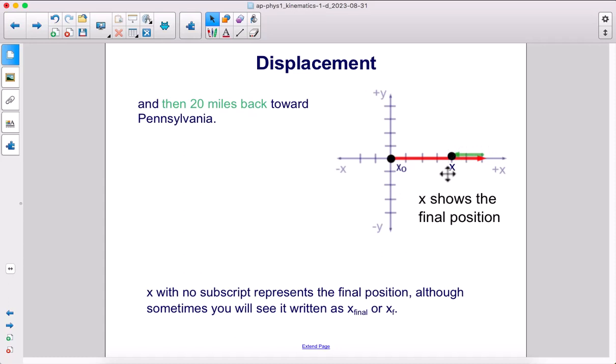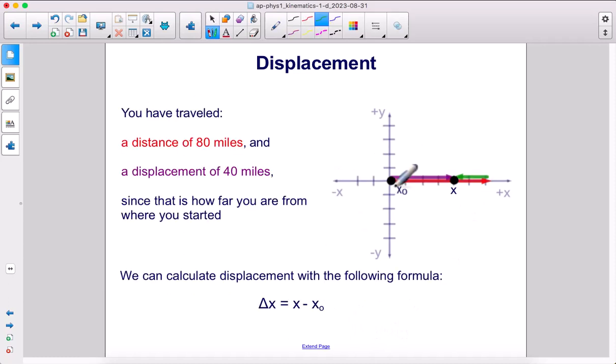So x with no subscript represents the final position, although sometimes you will see it written as x sub final or x sub f. Alright, so we traveled 60 miles east and then 20 miles west. Therefore, we've traveled a total distance of 80 miles. That's what our car odometer would read.